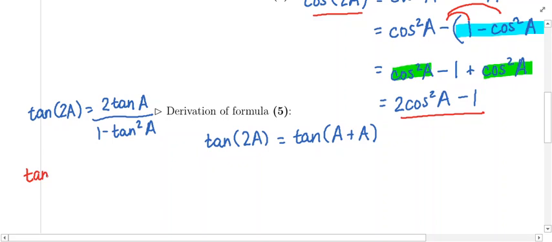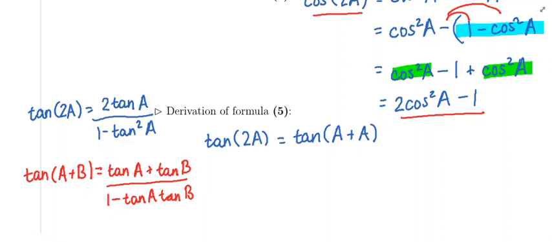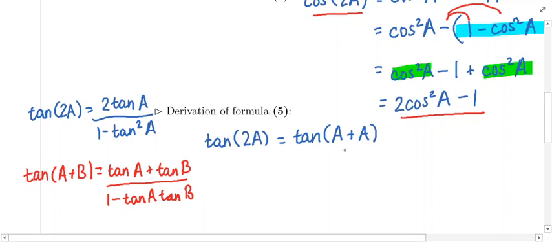We learned in the previous section that the tangent of A plus B is equal to the tangent of A plus the tangent of B divided by 1 minus the tangent of A times the tangent of B. So I'm going to apply this formula to what I have here.